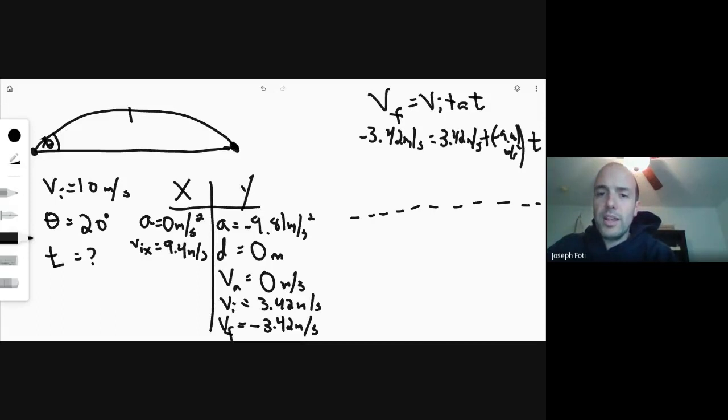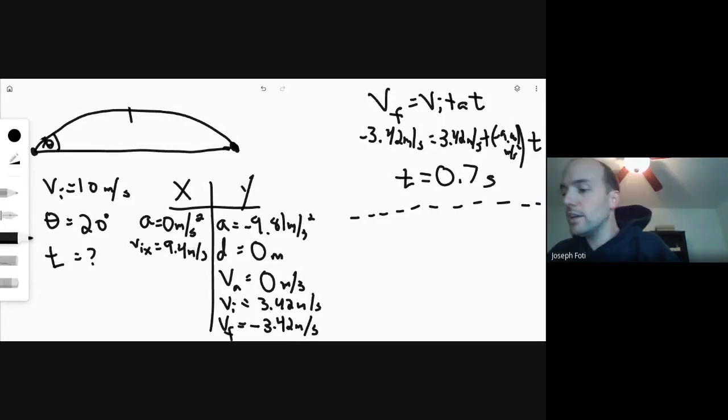We get negative 6.84 divided by 9.81. We get a time of 0.7. It rounds up to 0.7 seconds. Again, on the calculator, it says 0.697. It just rounds up to 0.7.